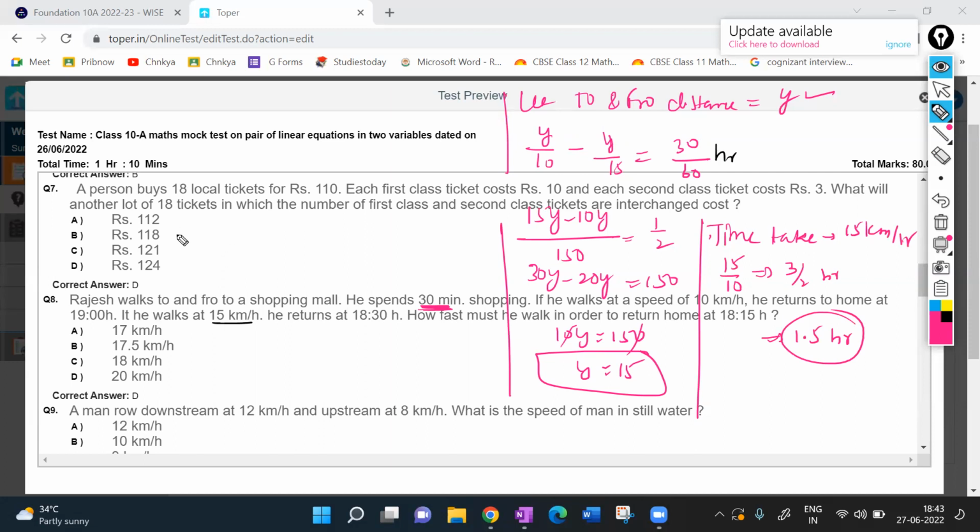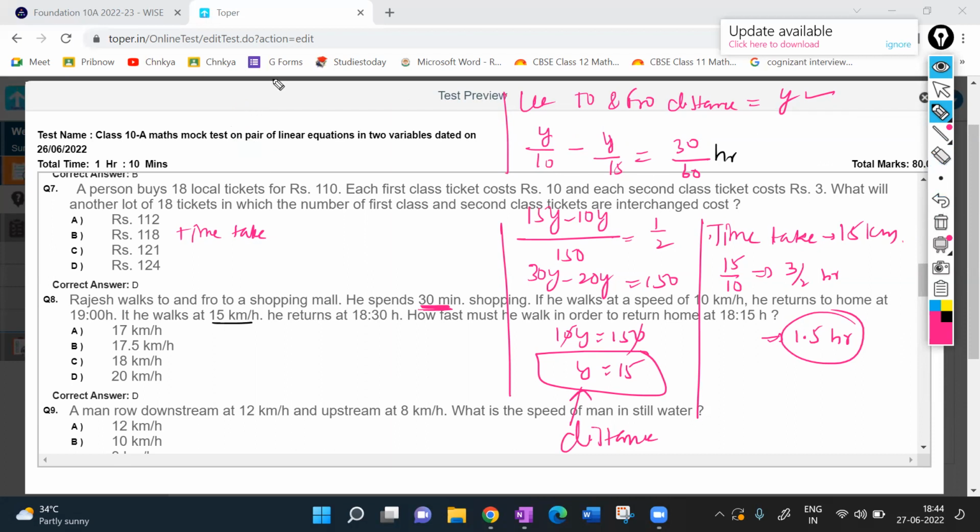Now the time taken to travel 15 kilometers. This distance I got, right, beta? How much time has he taken to travel those 15 kilometers? 1.5 hours. Distance by speed.